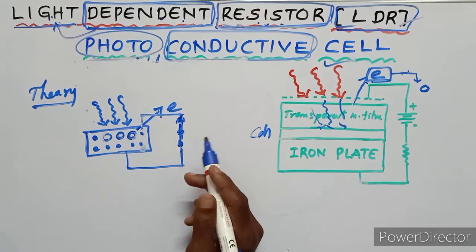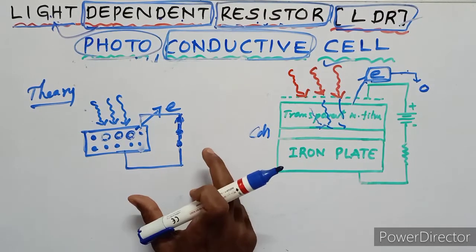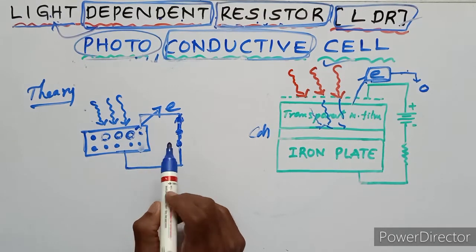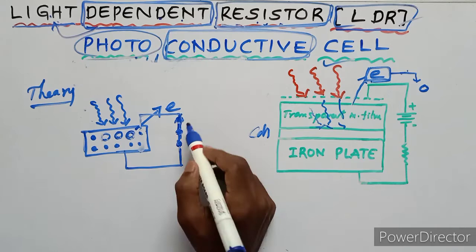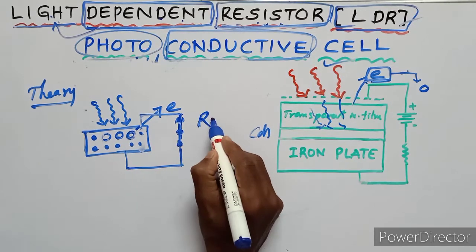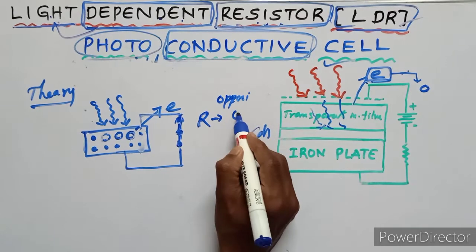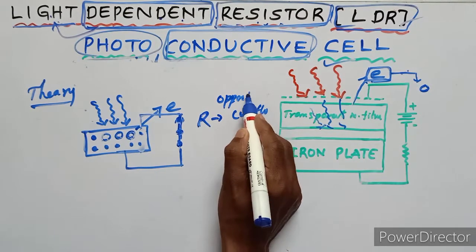Conductivity means allowing the current to flow. So the conductivity increases, and the electrical resistance decreases. Electrical resistance means opposing the current flow.